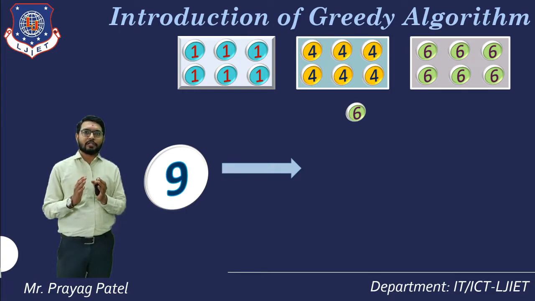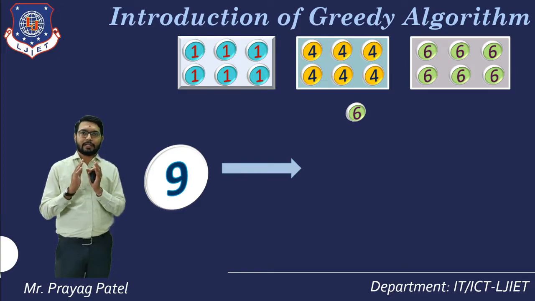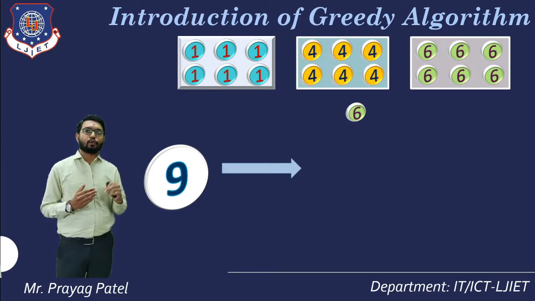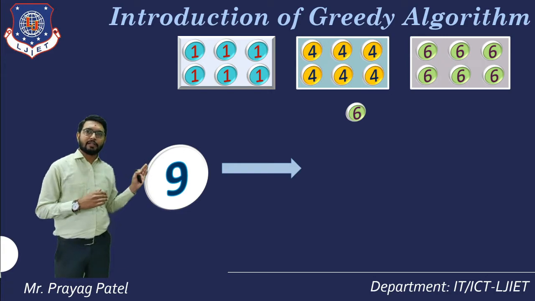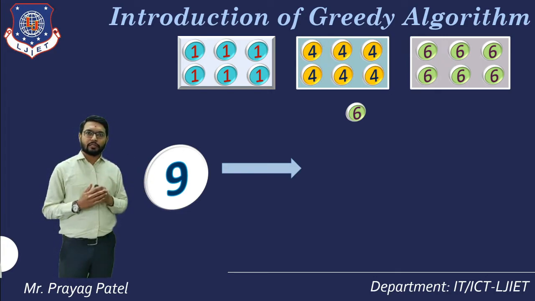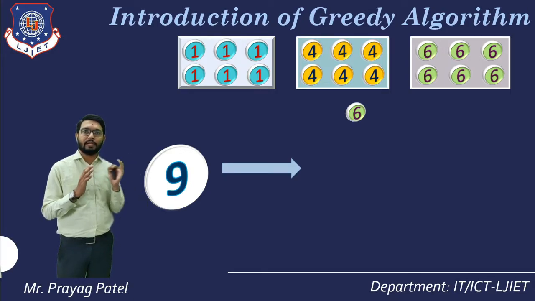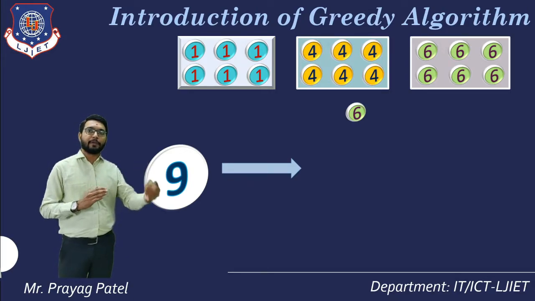Here consider the first choice, you have three options: coin of 6, coin of 4 and coin of 1s. Then out of these three, which coin is selected first? For that, remember that your goal is to find the solution for 9. But you have three choices, 1, 4 and 6. Then out of these three, which one is optimal?